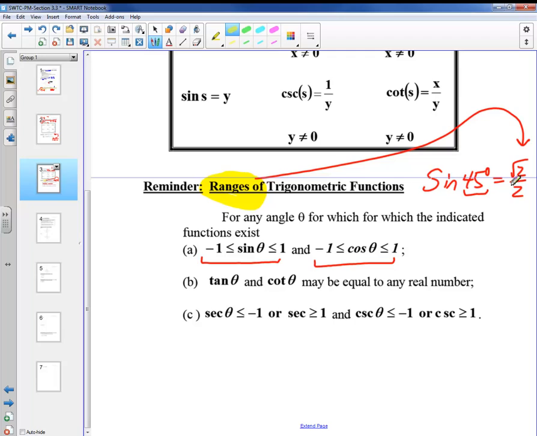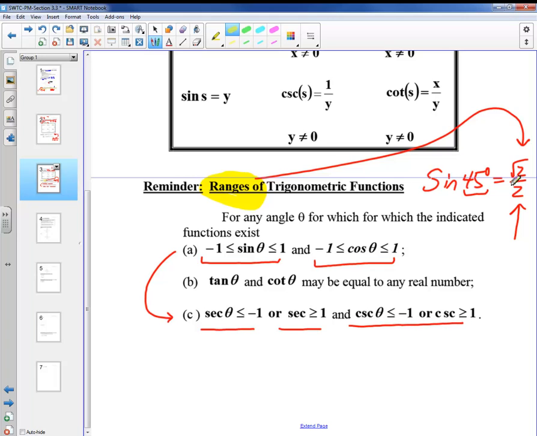There are no restrictions for tangent and cotangent. You can have any number right here, big, small, -0, as long as it's a real number. And secant and cosecant are the opposite of sine. So they will be less than or equal to -1 or greater than or equal to 1, and the same for cosecant.